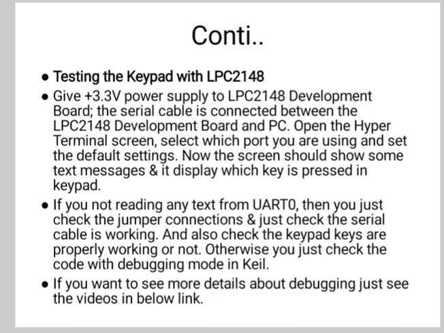Open the HyperTerminal screen, then select which port we are using and set the default settings. Now the screen should show some text message and it will display which key is pressed on the keypad. If we are not reading any text from UART 0, then check the jumper connection and check that the serial cable is working. Also check that the keypad keys are working properly. Otherwise, check the code in debugging mode in Keil. If we want to see more details about debugging, just see the videos.